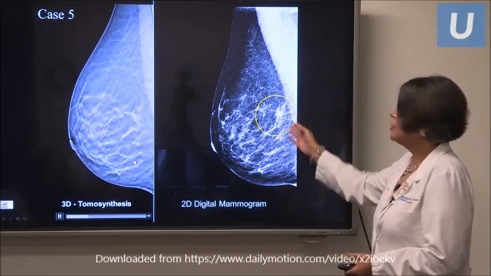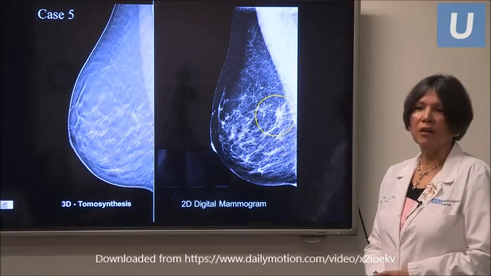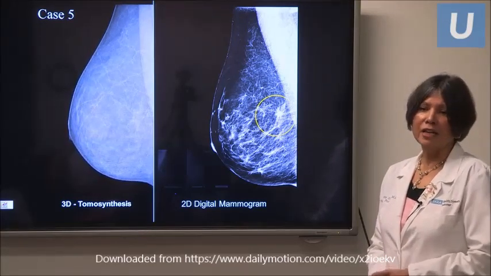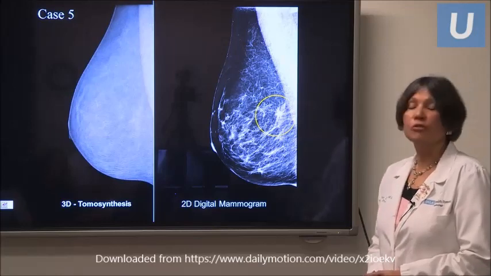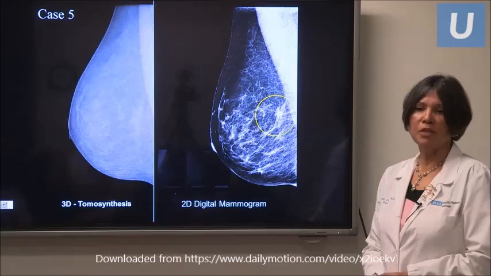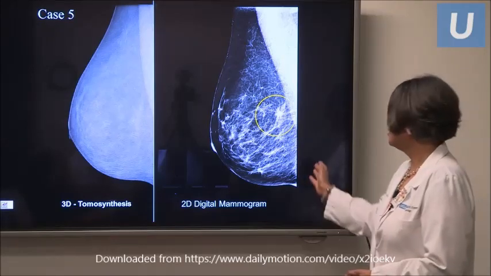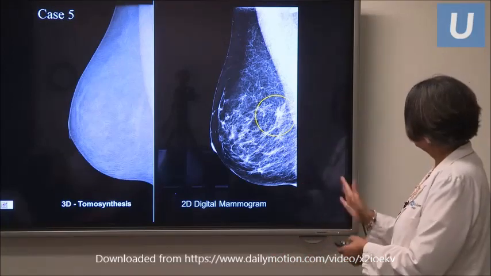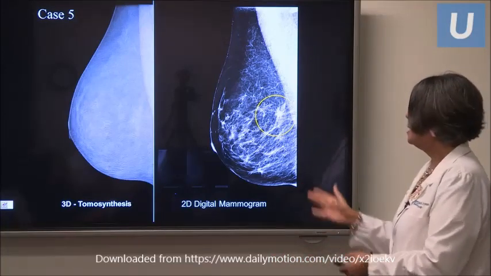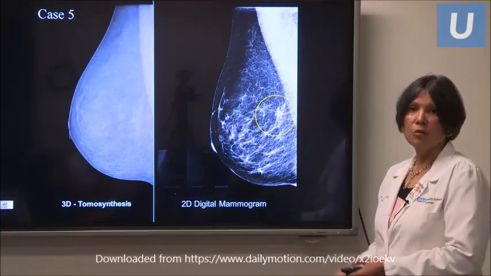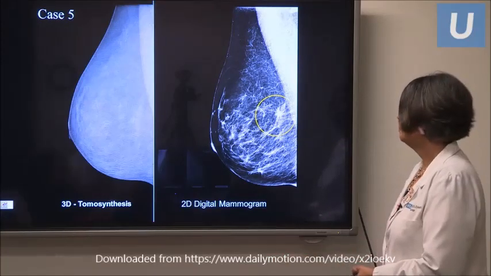This area did not persist in the manner in which it was seen on the two-dimensional. So that's an example of overlapping tissue that can actually reduce the callback rate, because we wouldn't call her back, knowing that it was just overlapping tissue in the two-dimensional. The three-dimensional object got put into two dimensions, may have been positioning where the tissue gets bunched up in that area, but when we repeated it with the three-dimensional, it was just normal tissue overlapping.